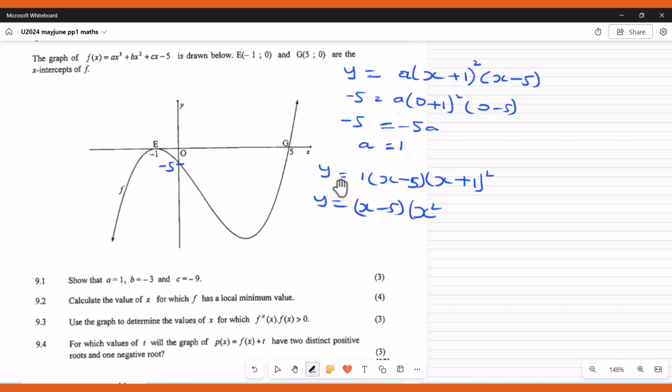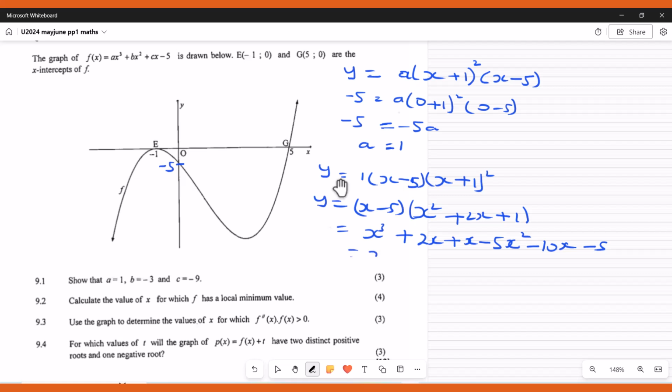We get x squared plus 2x plus 1. Now it gives us x cubed, then plus 2x squared, plus 1x, then minus 5x squared, and then minus 10x, and then minus 5.